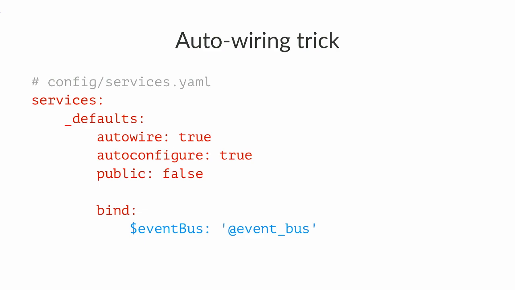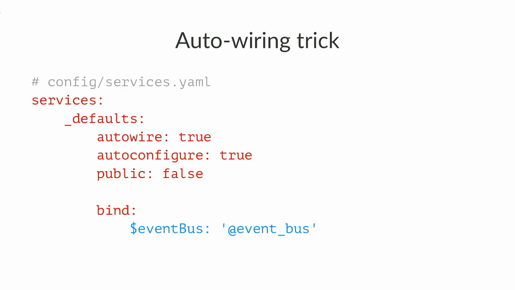And you can also use this lovely bind thing. The bind is mostly used for parameters, as in string parameters, for example an API key. You've got an API key variable in the constructor of whatever service, and to inject this API key in an automated way from an environment variable, you can do this kind of bind. So you could bind $apiKey to the env API key.